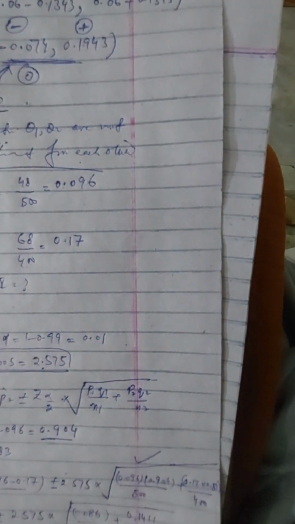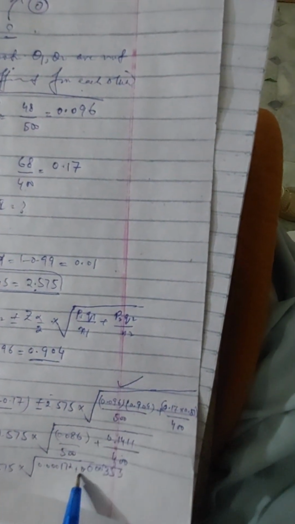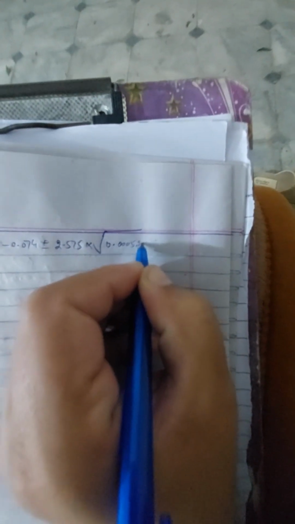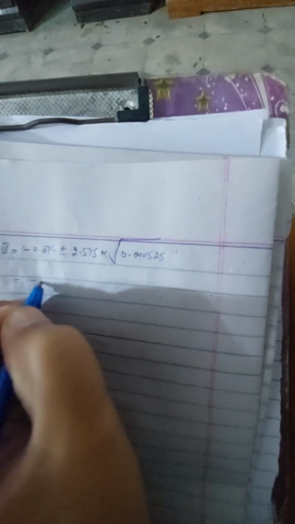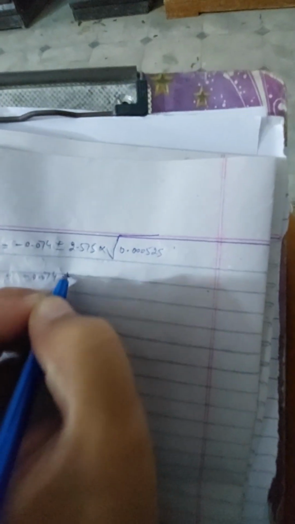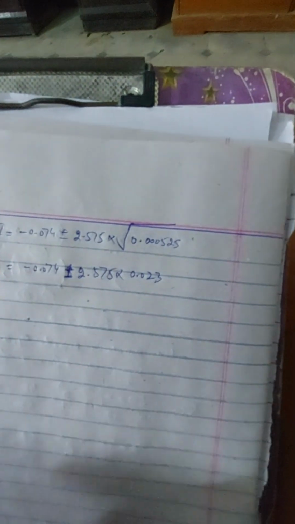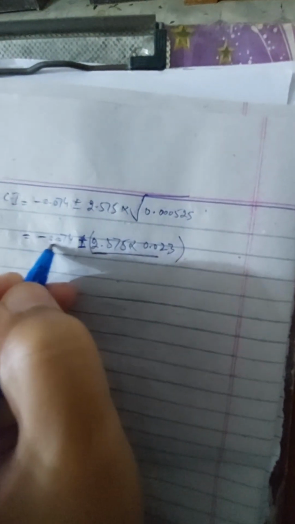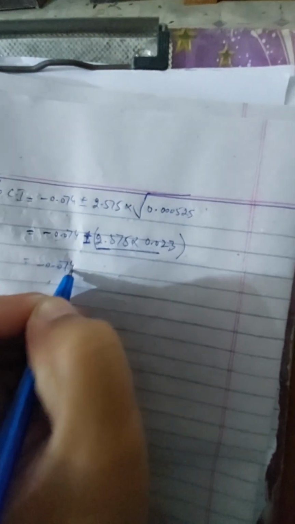These two when added give us a value of 0.000525, and when we take the square root, it gives us approximately 0.023. So plus minus 2.575 multiplied by 0.023.